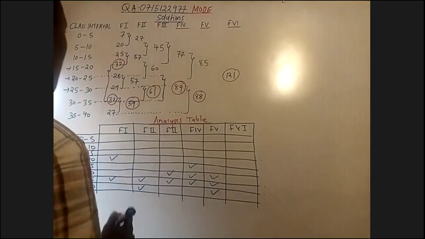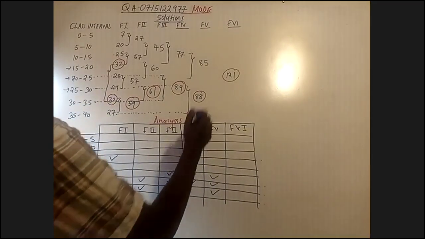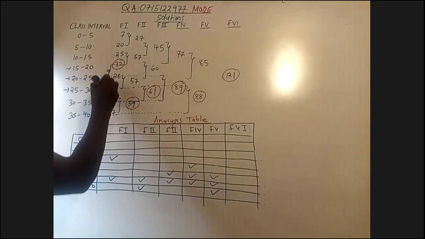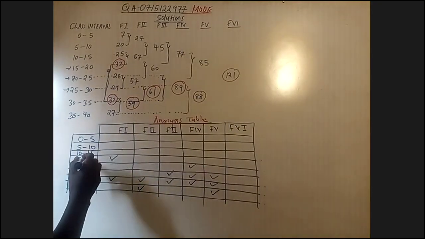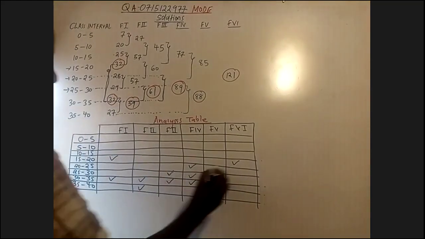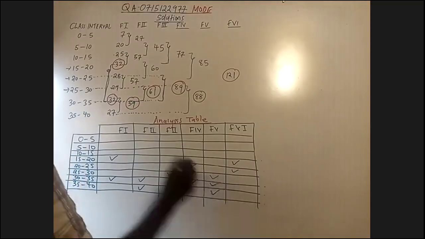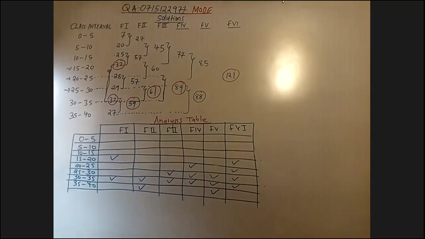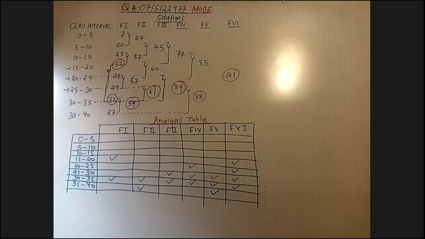Now, where does it lie? From here up to there, from 15 to 20 all the way to 30 to 35. Is that correct?